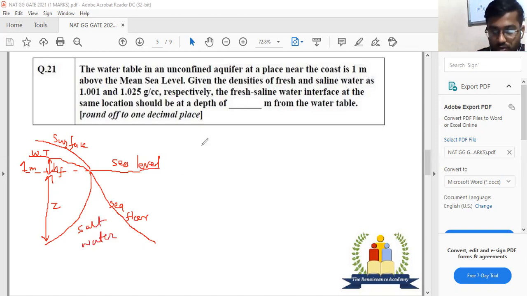Now to calculate this interface z, we have the formula: rho f divided by rho s minus rho f, density of fresh water upon density of saline water minus density of fresh water, multiplied by height of fresh water above sea level.